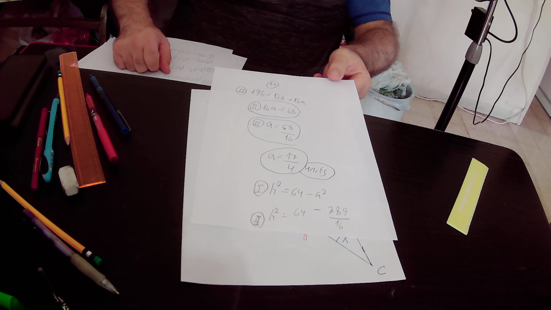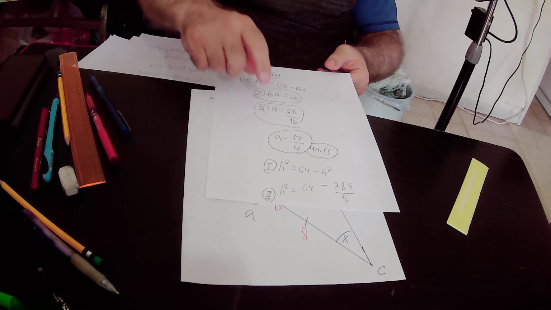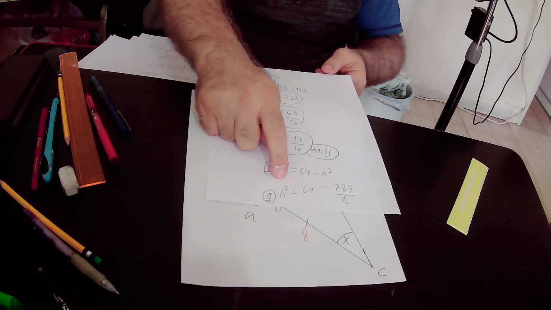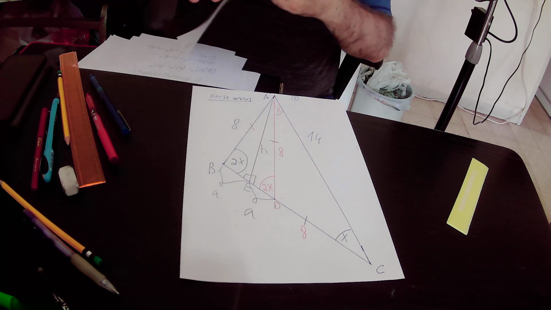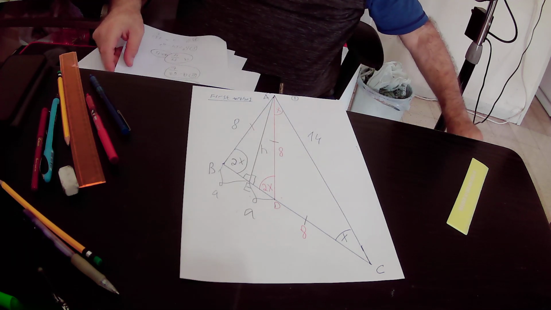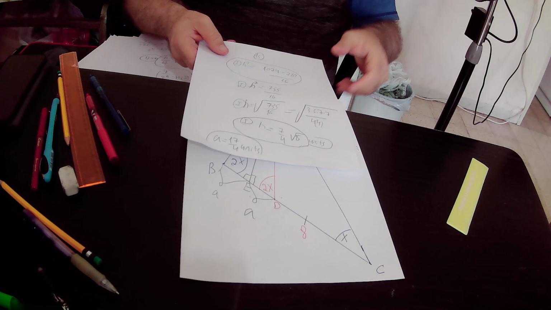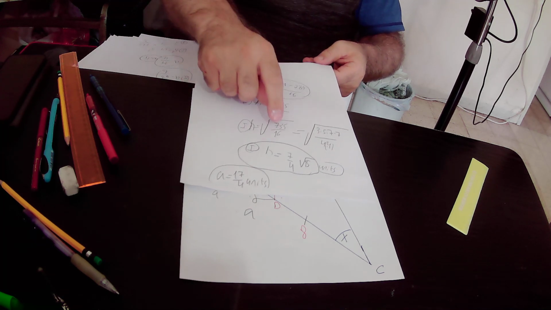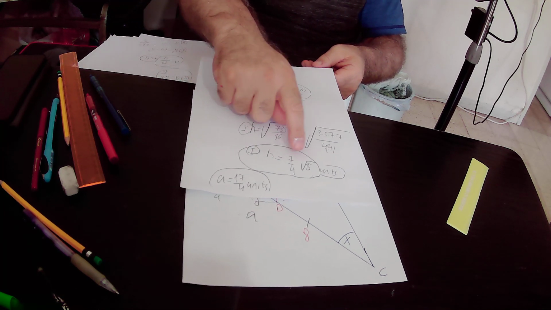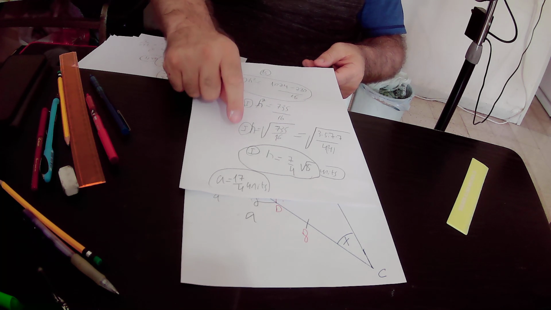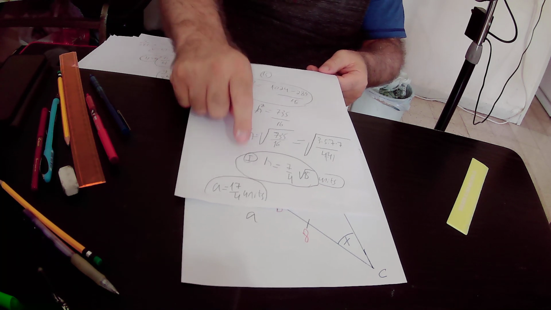So we found out the only missing variable here is h. h equals 7 over 4 times root 15 units, and we have already found out that a equals 17 over 4 units.